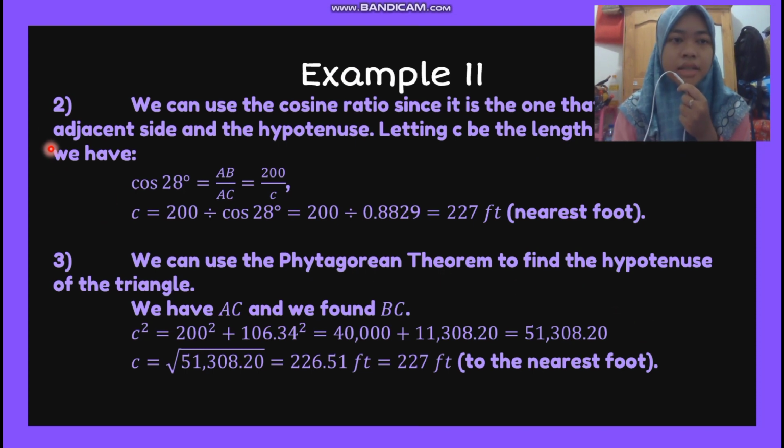Next we can use the cosine ratio. It is the one that involves the adjacent side and the hypotenuse.